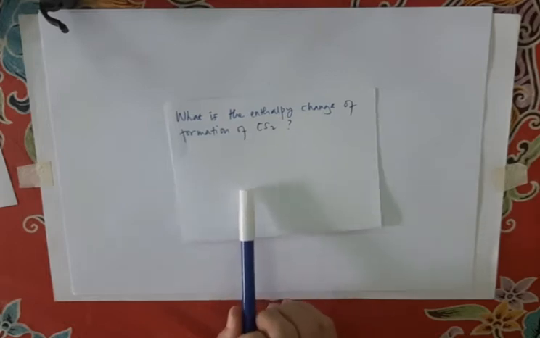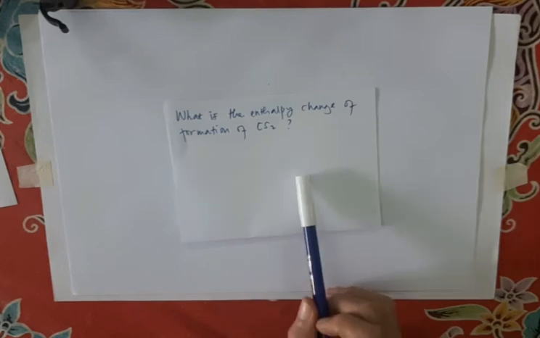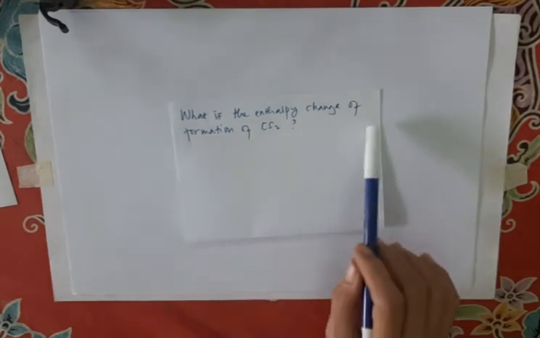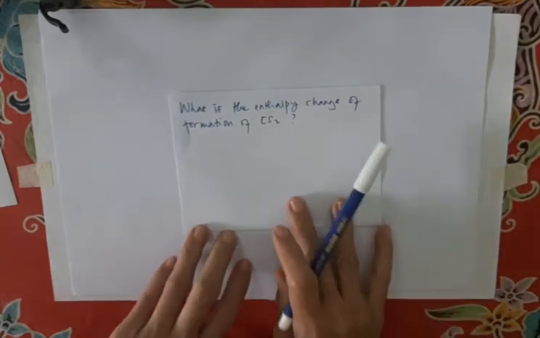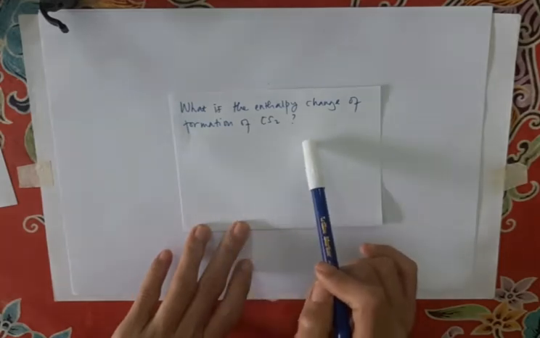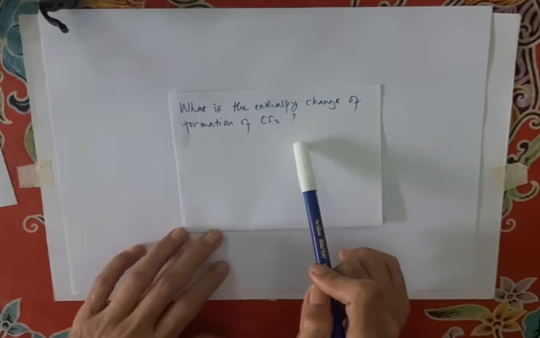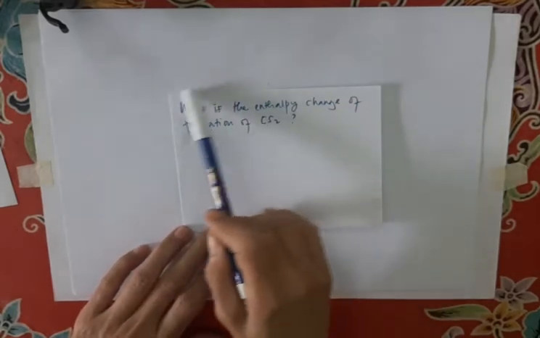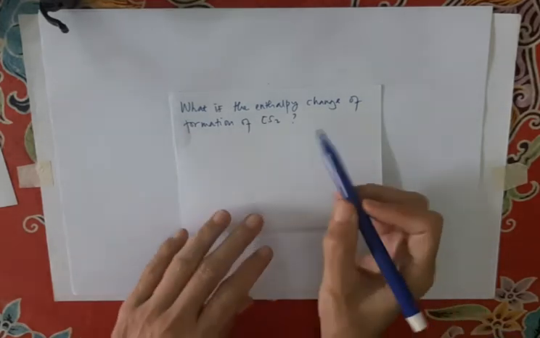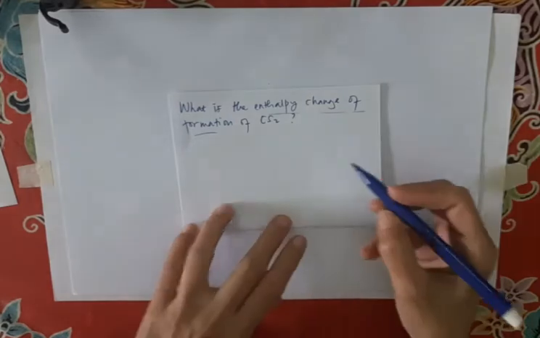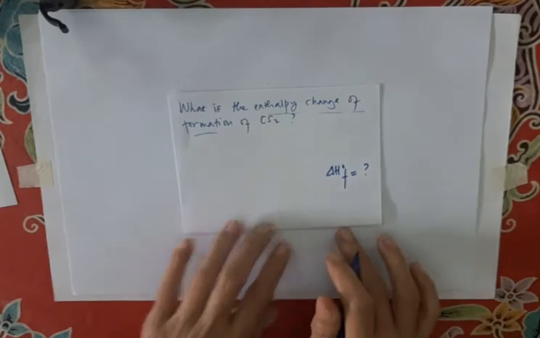Many thermochemical problems don't show you the equation with the unknown delta H, but they give you statements just like this sample. What is the enthalpy change of formation of CS2? There's no equation here. So we must convert this statement into a thermochemical equation. Enthalpy change of formation is the unknown.